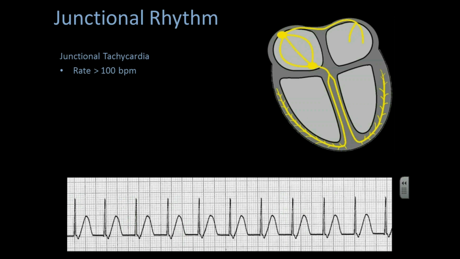Okay, junctional tachycardia. Let's take a look at this strip and just take a look at it for a minute and see if you can see where the P waves are.